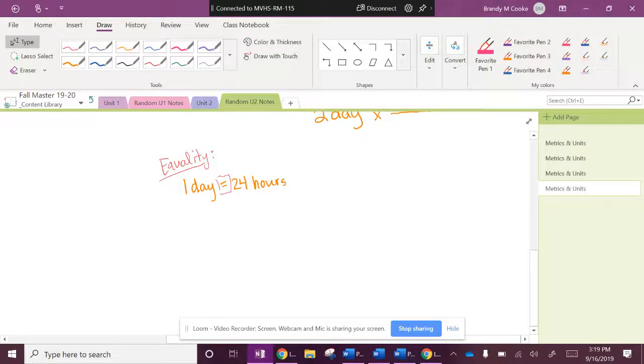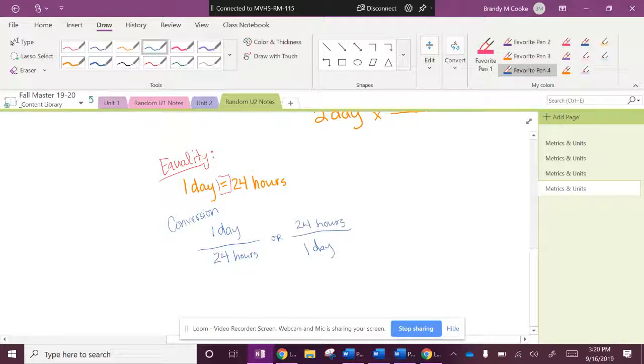Now we can use that equality to write a conversion factor. Basically we're just going to take this equality and make it a fraction. So we're going to have one day for every 24 hours, or 24 hours for every one day.